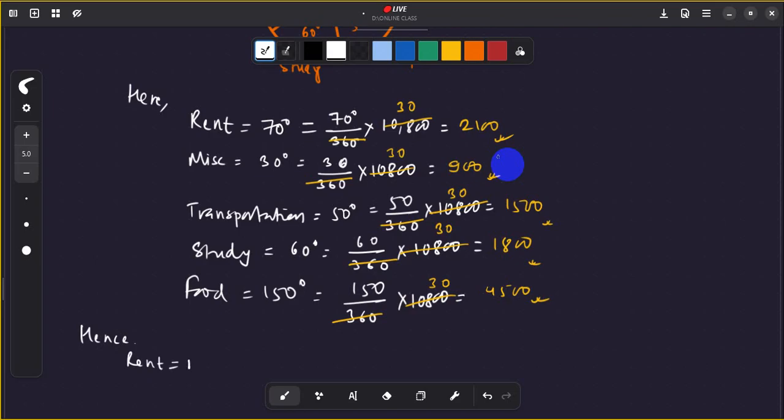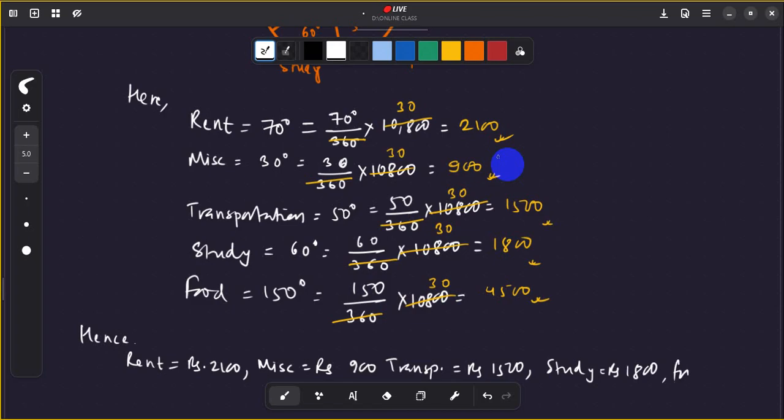Rent equals rupees 2100. Miscellaneous rupees 900. Transportation rupees 1500. Study rupees 1800 and food rupees 4500.